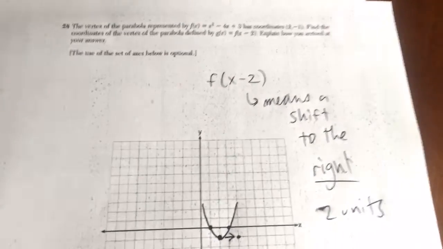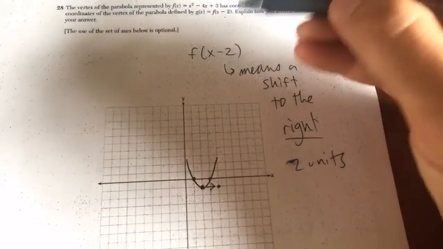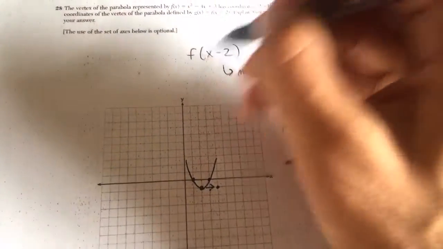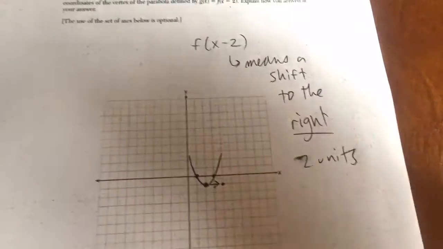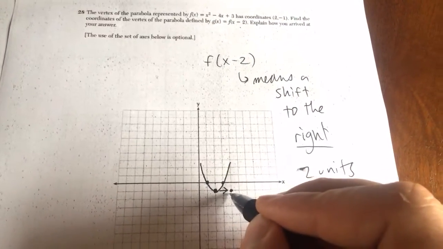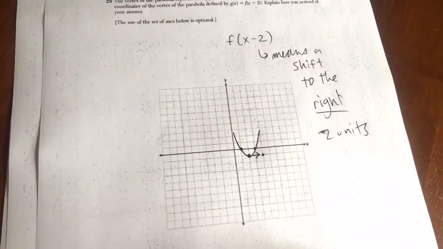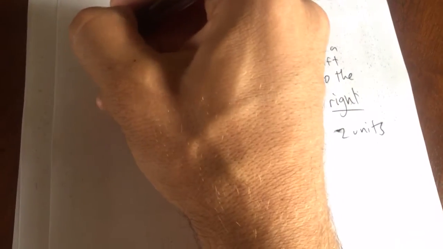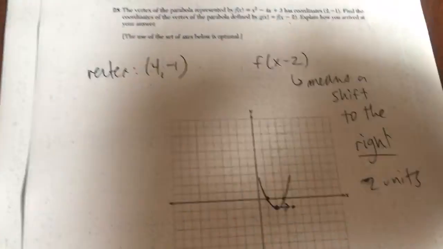In number 28, they ask you to find the coordinates of a new parabola defined by this f of x minus 2. This notation basically implies a shift to the right 2 units. So if my vertex is at 2, negative 1, and I am moving to the right 2 units, then the coordinates of the vertex would be, what is that, 4, negative 1 now? 4, negative 1.